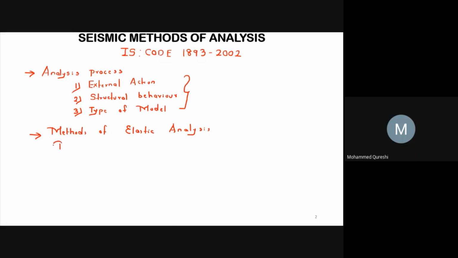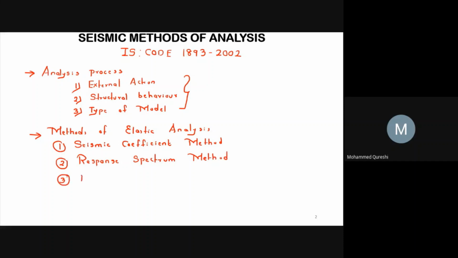So first of all, your first method is the seismic coefficient method, the second method is the response spectrum method, and the last one is the elastic time history method.